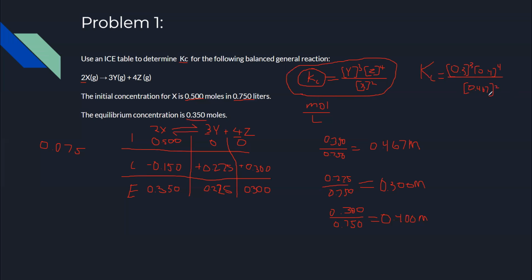So once you calculate that, then you get a Kc of 3.17 times ten to the negative third. So this is our answer for the first problem, because it's asking us to determine Kc.